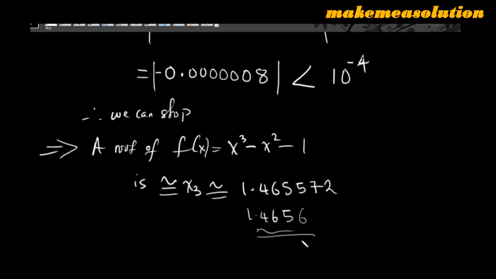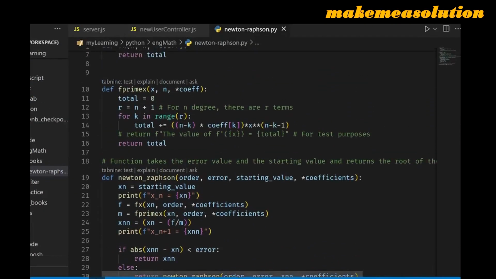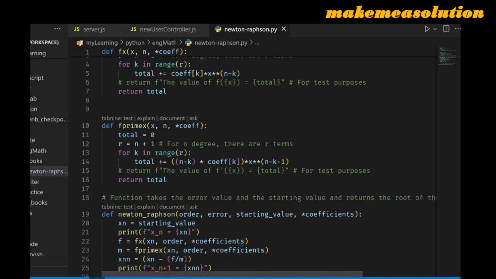So this is all about Newton-Raphson's method. So just to tell you how fun Newton-Raphson's iteration method is, I decided to write a Python program that could actually compute Newton-Raphson method. So you don't have to understand the complexity of the program now. Definitely, I believe you're learning how to code in one way or the other.